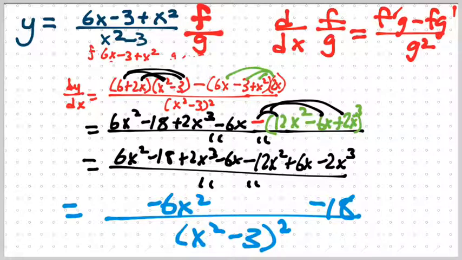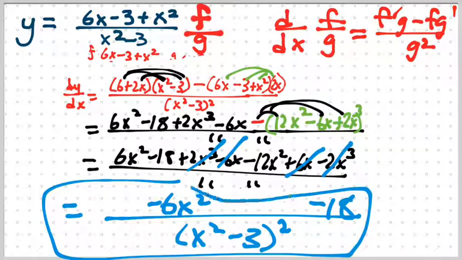You can see that I'm putting this in descending order, which is a stylistic choice. I have 2x cubed minus 2x cubed, so that's actually going to cancel. That's cute. I also have minus 6x and plus 6x, which cancels. So I believe that takes care of all of my terms, which means this should be the result.